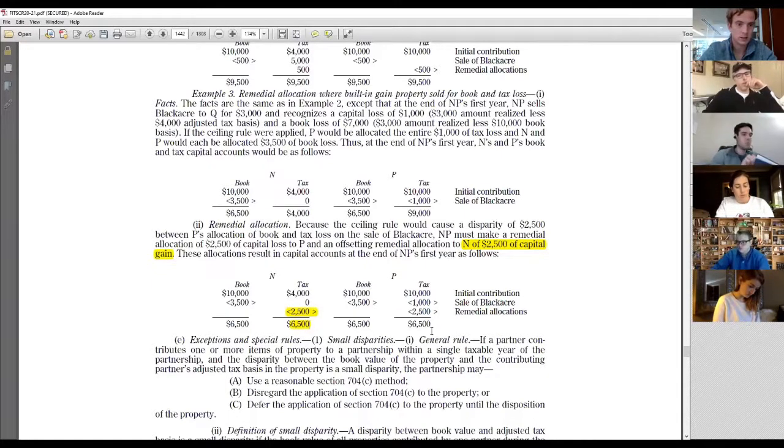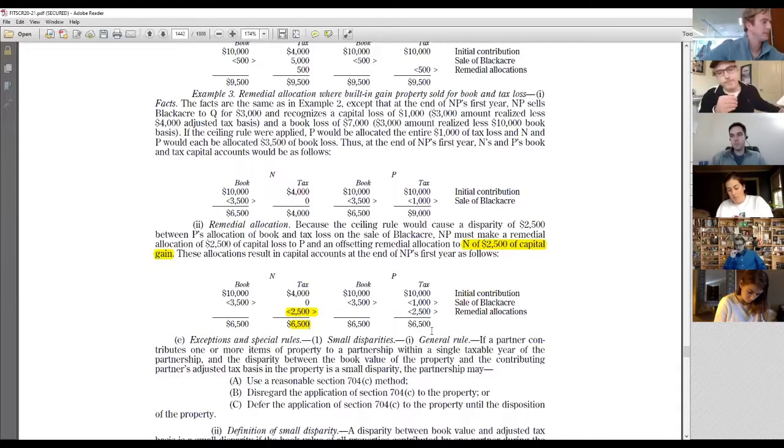Okay, questions on that? So all those examples, the examples in the book, there's a bunch of examples we've just done in the regs. I would work on those examples. I'd prepare the problems for class on Wednesday. So we have another big set of problems doing the same stuff. And if you keep working these problems, again, if you want more problems, there is that Cunningham book, The Logic of Subchapter K. I'm going to check and see whether that's on West Academic.